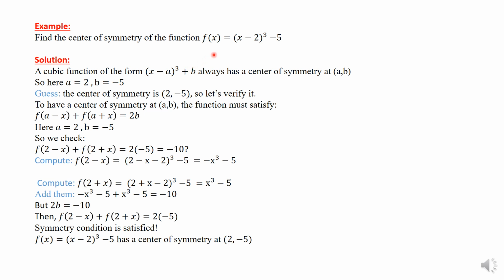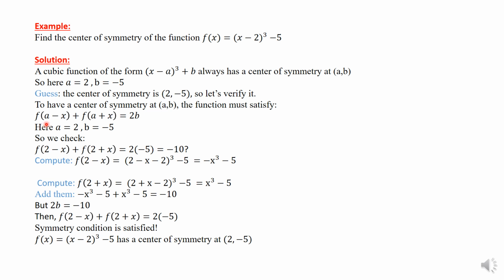You need to change it to this form and then guess the center of symmetry. Now your guess here is that (2, negative 5) is the center of symmetry of the function. So let's verify it. How will you verify that (2, negative 5) is the center of symmetry? You verify it using the equation.